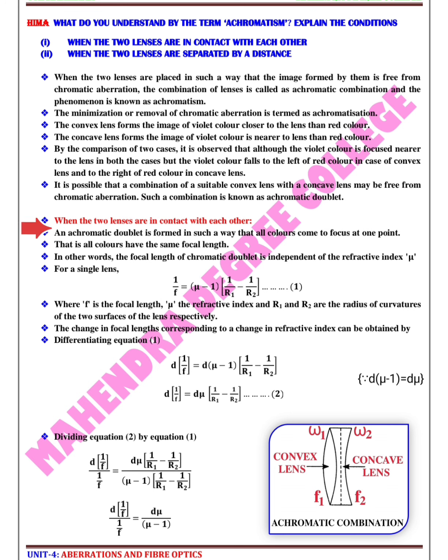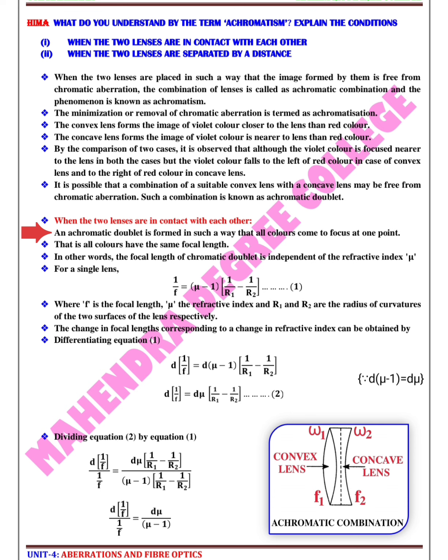An achromatic doublet is formed in such a way that all colors come to focus at one point. It means that an achromatic doublet is made to ensure that all colors of light focus at the same point.